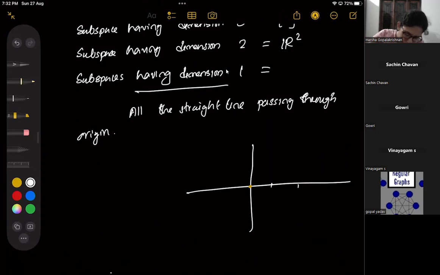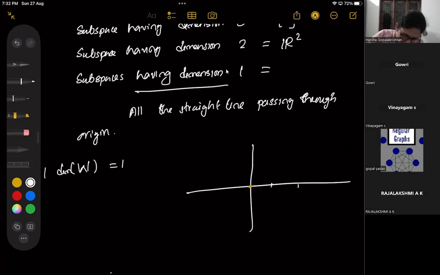So, suppose the dimension of W equals 1. Then a basis of W is some C, where C is non-zero. If C equals 0, then only the set {0} is remaining, right?